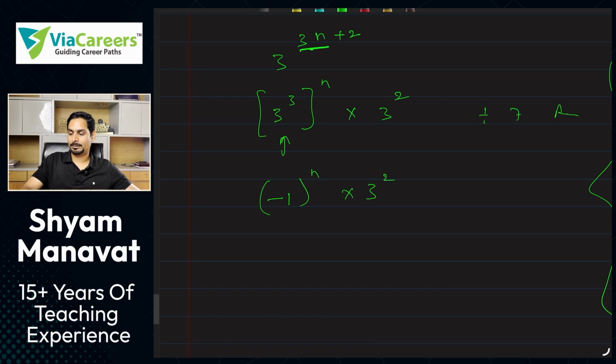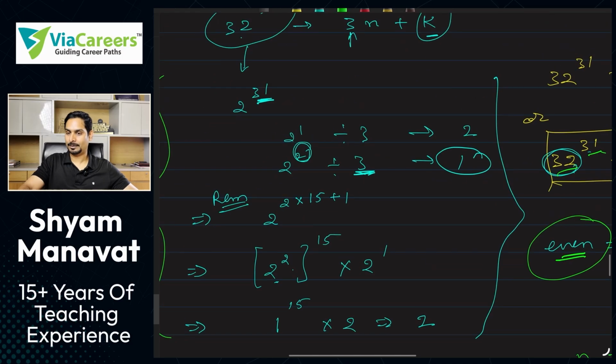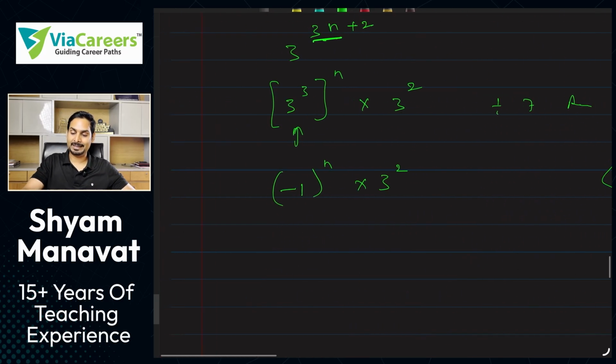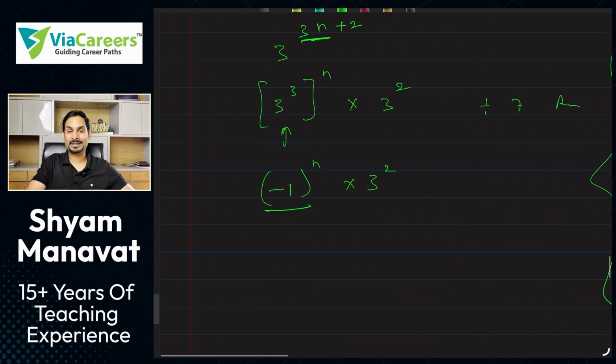I hope you understood the importance of all these steps. Why was it important for us to understand whether n is even or odd? Because only when n is even does -1 raised to an even power become +1. Otherwise, it will remain -1. So we just need to identify whether the power is the quotient when divided by 2 and got the remainder.